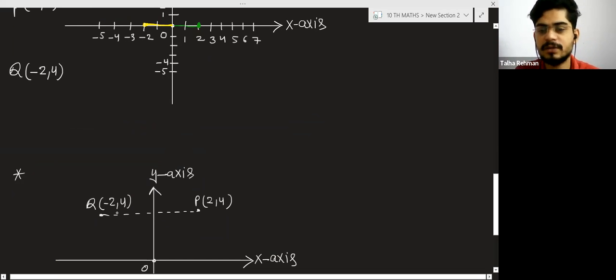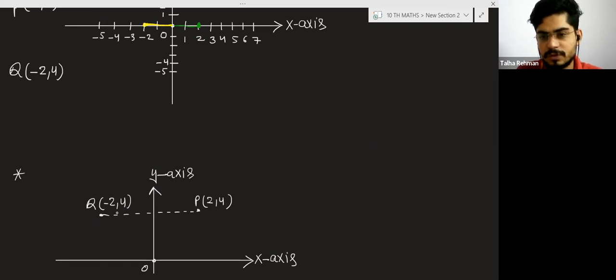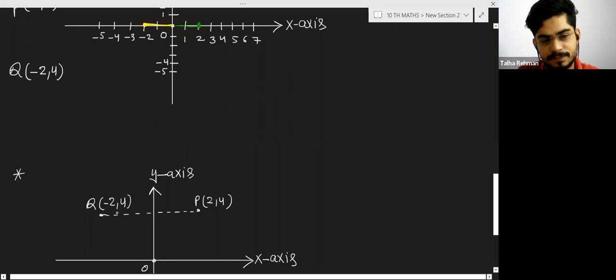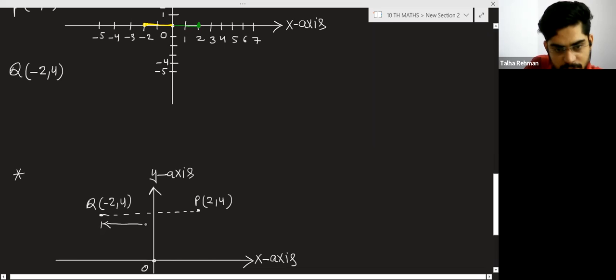Suppose we have to find the distance PQ between these 2 points. This distance we can find with the help of a graph. You can measure the distance from here to here. Here to here, this distance is 2. We moved 2 in this direction, and in this direction also we have moved 2.